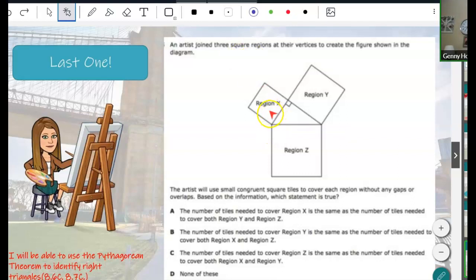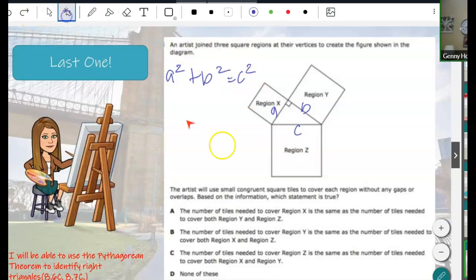This time we have X, Y, and Z. Now be careful, here's our right angle, so this one is actually the hypotenuse. Let me label that. It's important for you to make sure you understand which side is C. This one is C. It doesn't matter which one you put for A or B, but remember it's A squared plus B squared is equal to C squared.